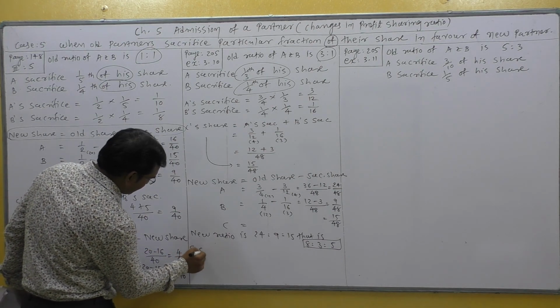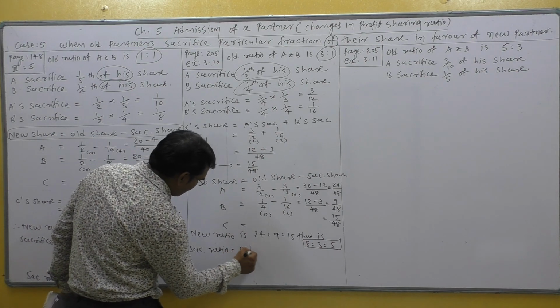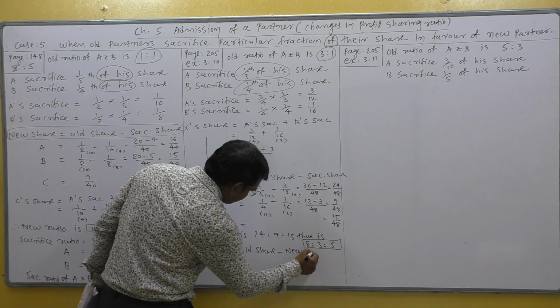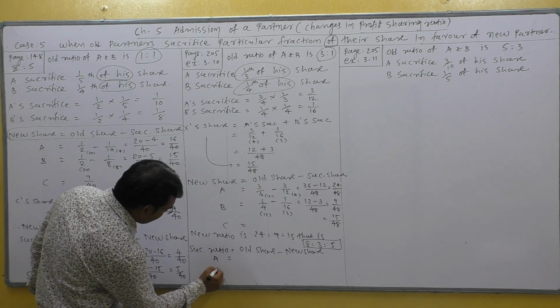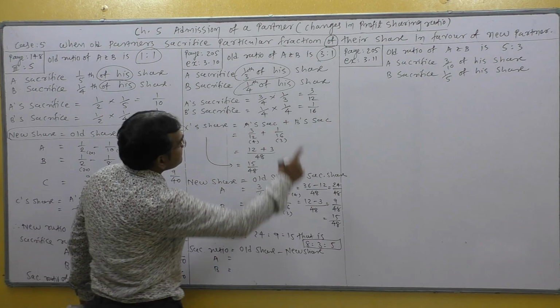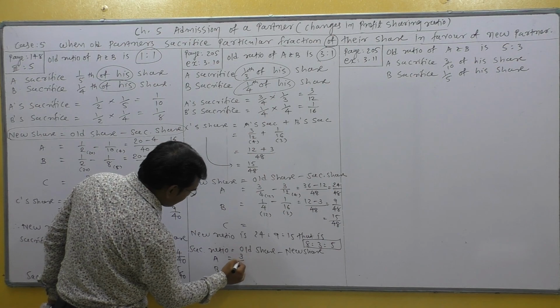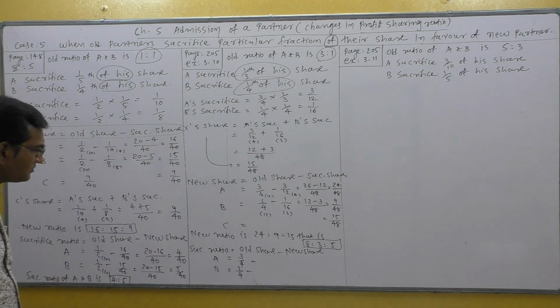So sacrifice ratio is equal to old share minus new share, and the sacrifice ratio is always determined for the old partners A and B. Remember that the old ratio is given at the beginning, 3 is to 1, so 3 by 4, 1 by 4, minus new share.